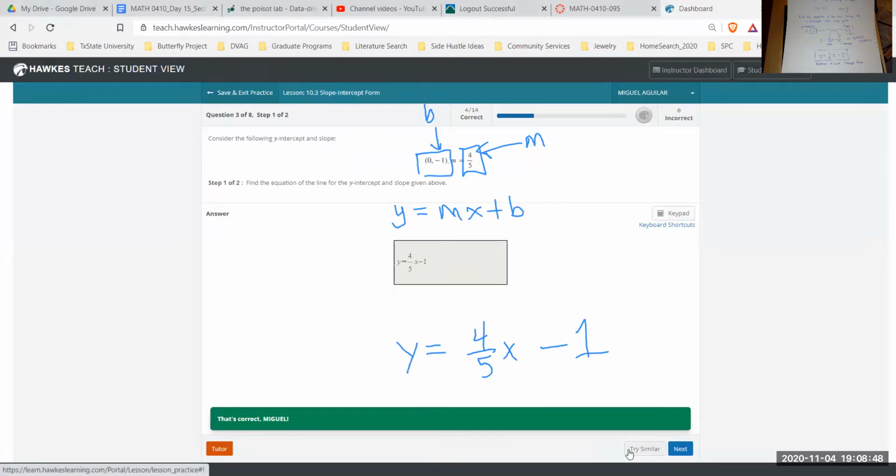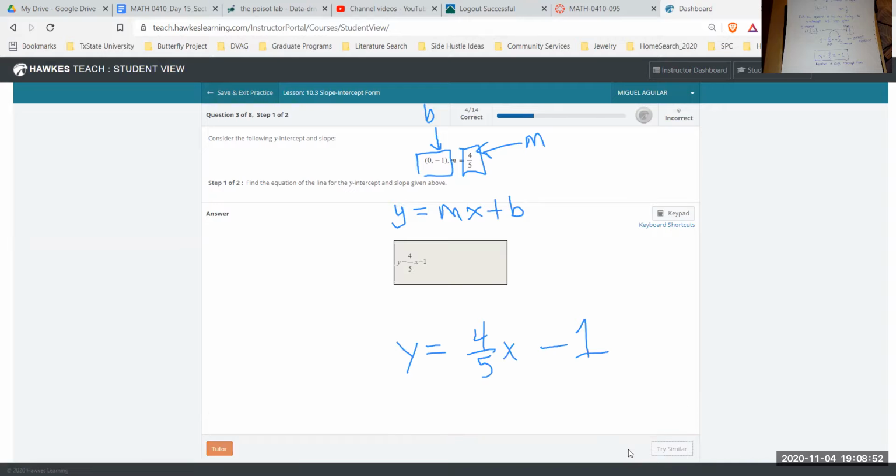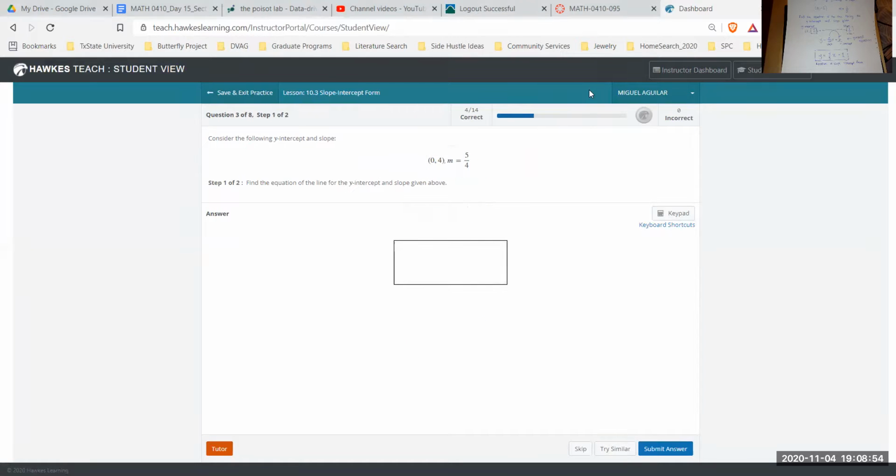Okay, that one's not too bad, but I think that it's maybe deceptively simple. So let's do another one. Again, it's asking for an equation where they want you to just plug in the y-intercept and the slope.